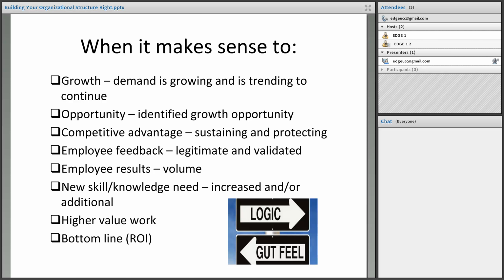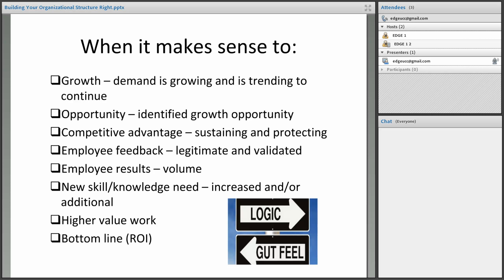You'll see organizations do this, especially when they're wanting to increase their competitive advantage or deepen their customer experience, their client experience, because they know that that can be a competitive advantage for them. So these would be organizations that would be looking to enhance their customer facing roles, customer service, for example.